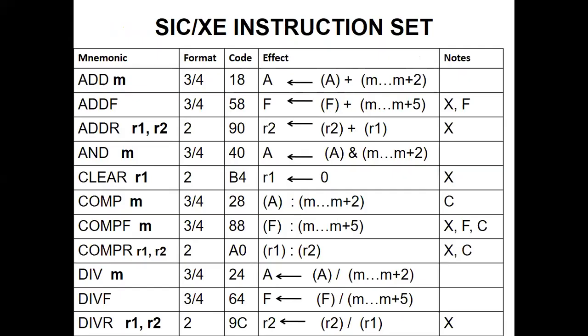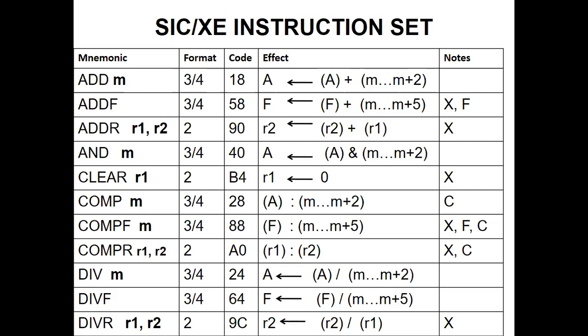Now, what you see there is the format, the SIC/XE instruction set. Let me go through some of these if you can pay attention. Let us look at the first instruction, which is just saying add M. When they write M, that means a memory location.